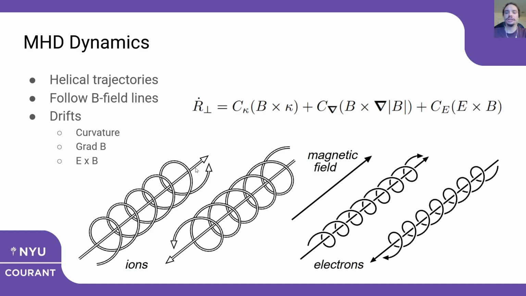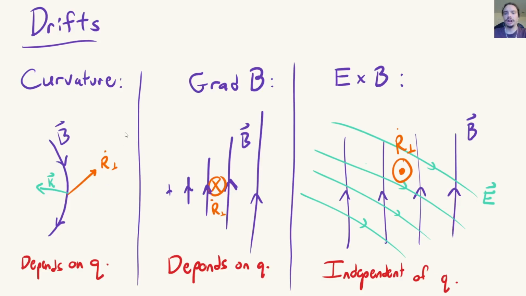As they spin, depending on the magnetic field, they can experience some drifts off of their magnetic field line and onto another. There are 3 kinds of drifts that occur in a plasma. There's the curvature drift, the grad B drift, and the E cross B drift. Okay, it's going to be important for us to see what each of these is, so let's talk about it. They're a little bit weird. They don't do what you expect.